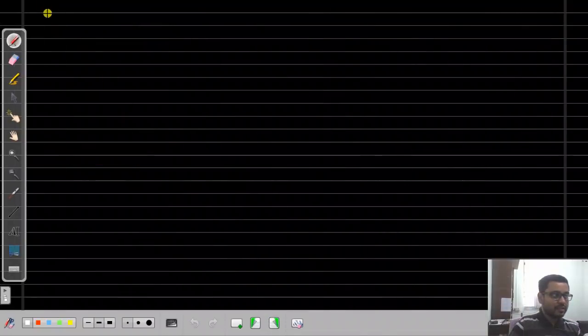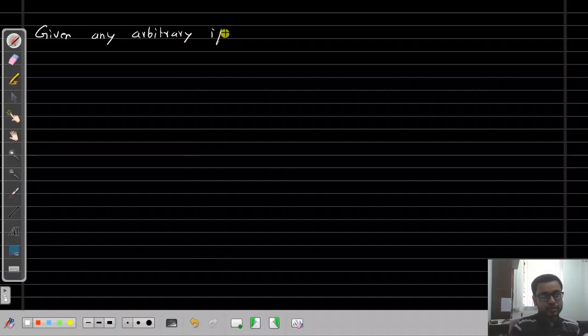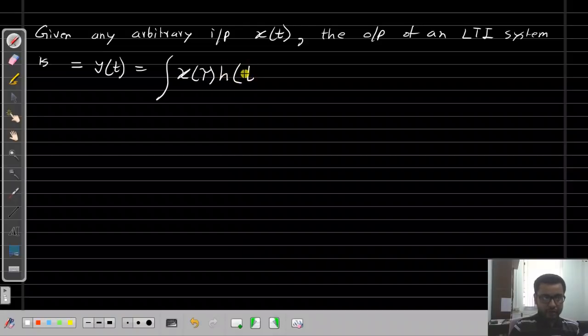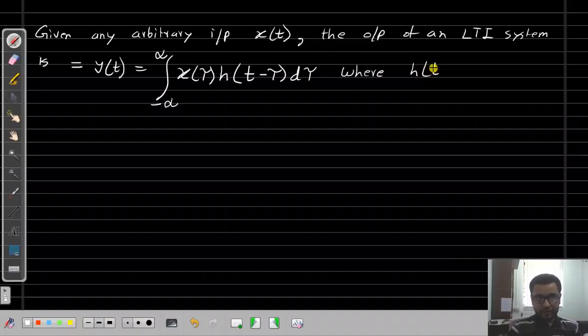Okay, let me write. Given any arbitrary input x of t, the output of an LTI system is given by y of t equal to the integral of x of tau, which is already known, this is given, multiplied by h of t minus tau d tau from minus infinity to plus infinity, where h of t is the unit impulse response, which should also be given or known.